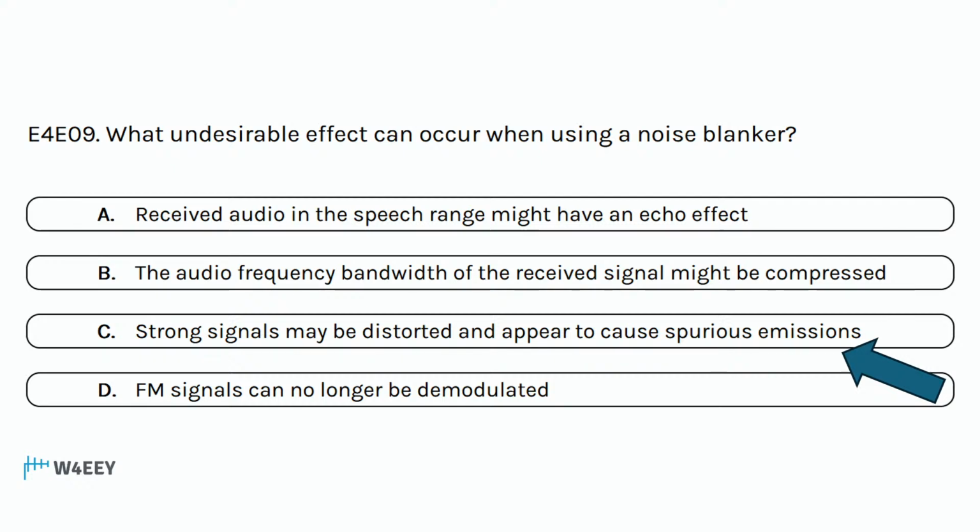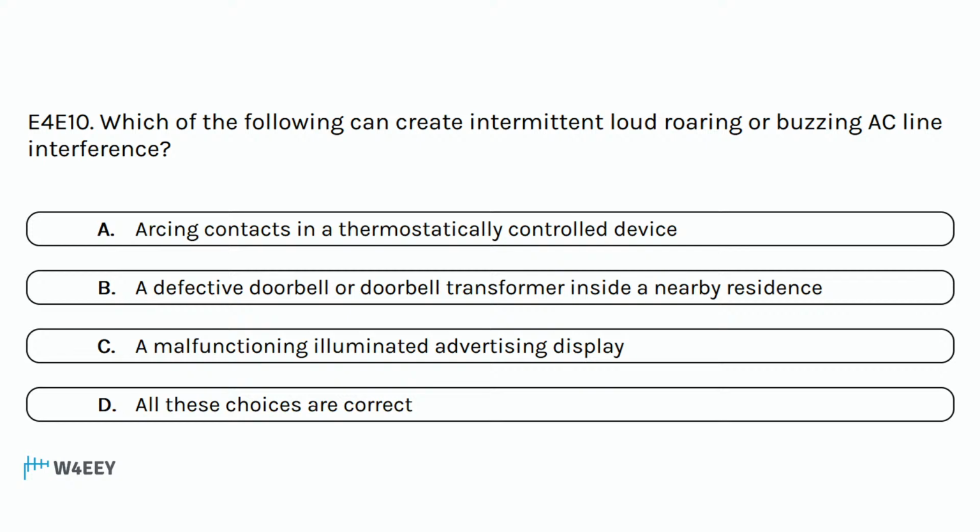Yeah. So which of the following can create intermittent, loud roaring or buzzing AC line interference? Read carefully. Delta. Yeah, arcing contacts in a thermostat or defective doorbell transformer or malfunctioning sign. Yep, all of those.